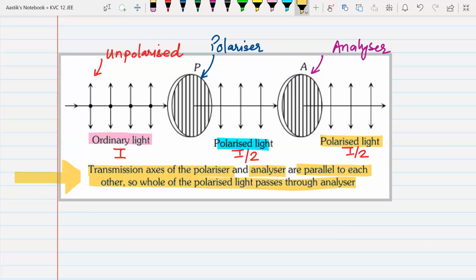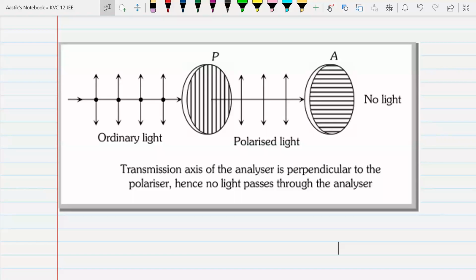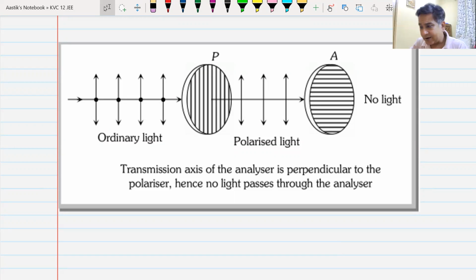Okay. Now, what will happen if I place the analyzer perpendicular to the polarizer? Their transmission axes are perpendicular, and I hope you can see this. In the second case, on the extreme left hand side, I have unpolarized light.